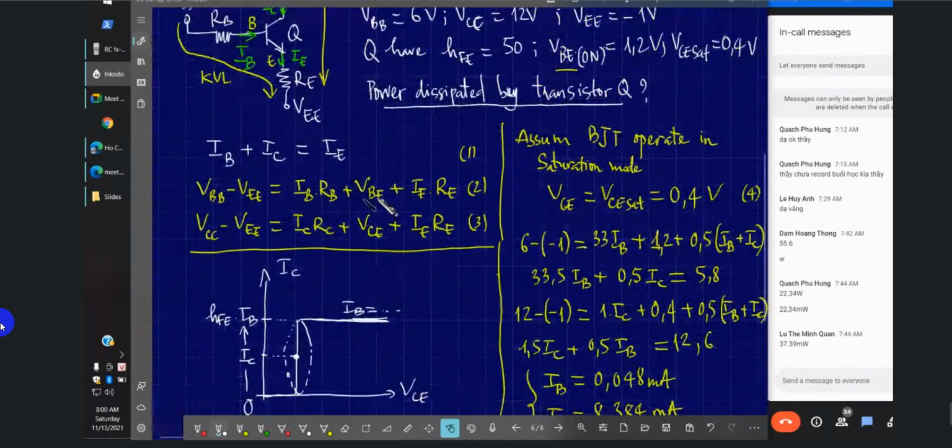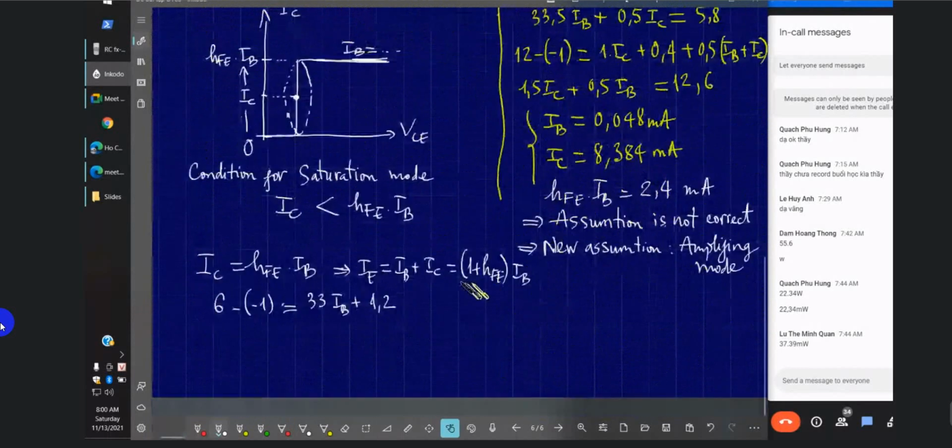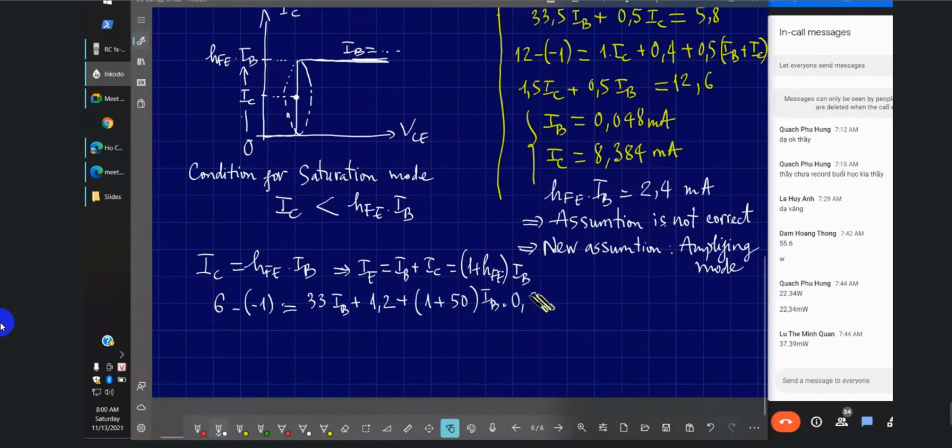And then for RE, for IE I got 1 plus HFE, 50, times IB, and then RE of 0.5. And then I got my result for IB.